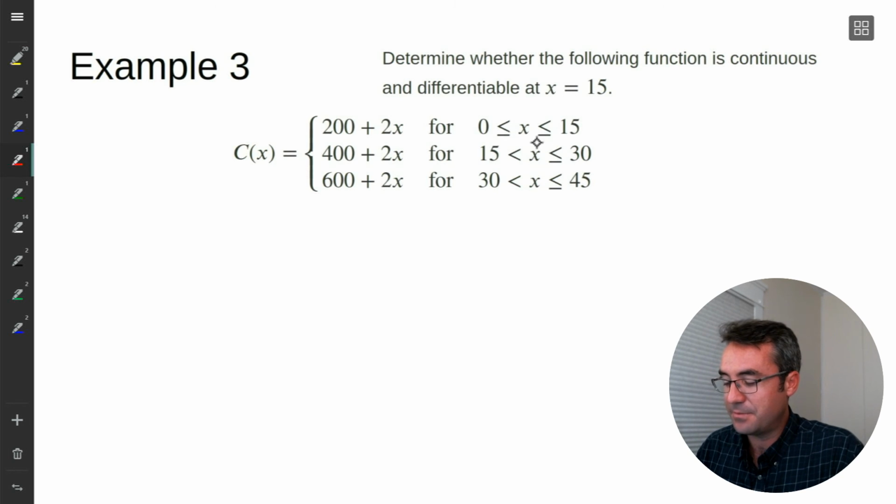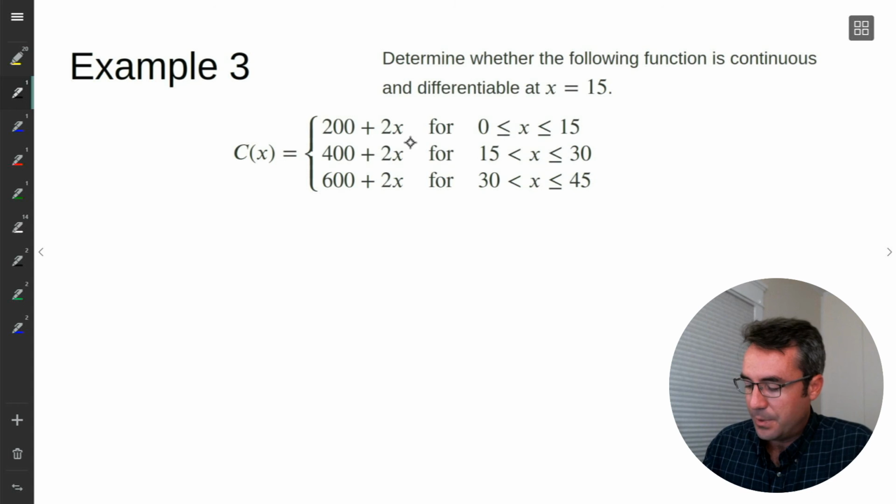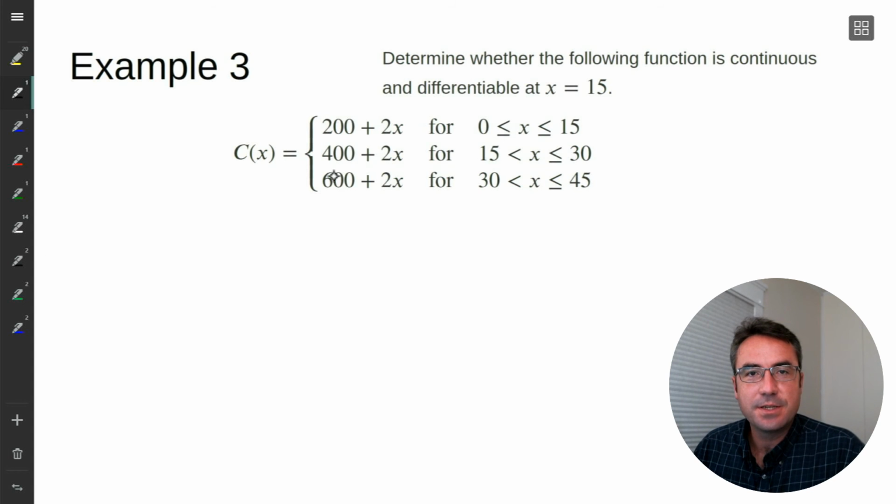And we see that 15 is one of the places where our pieces split up, where we break up our piecewise function here. So we know with piecewise functions, a lot of times continuity becomes an issue where those pieces come together.